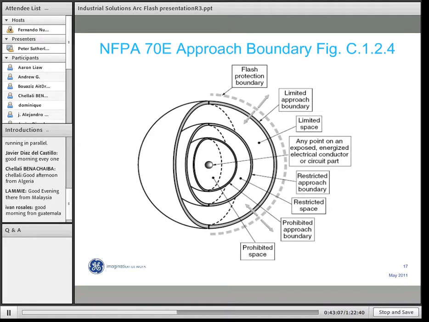This slide shows the various boundaries that exist around an energized part, and there are both arc flash hazard boundaries and there are electrical shock protection boundaries.